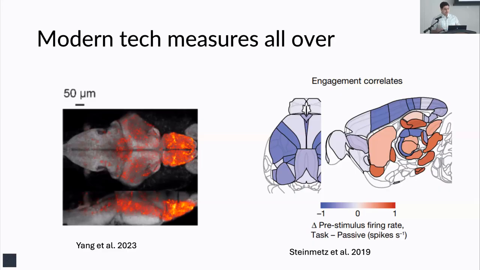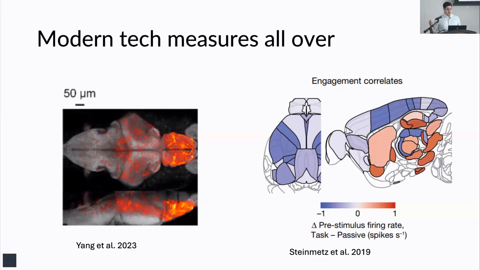But all these large scale recordings, for example, on the left here, is a light sheet image of a zebrafish larva. You can see each dot is a single neuron across the entirety of the brain.